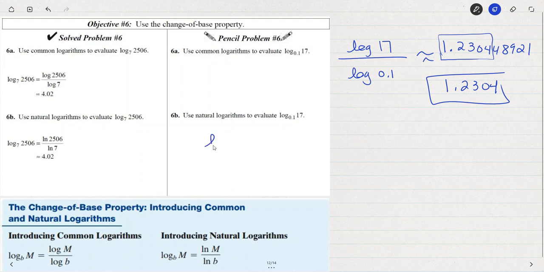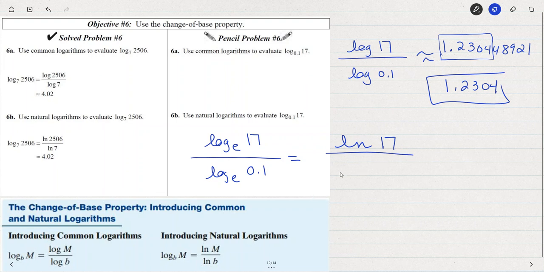Let's try the same log, but with base e. I could write this as log, I could use any base I want, log base e of 17 divided by log base e of 1/10, and that is log natural, ln. This log base e means log natural or natural log.